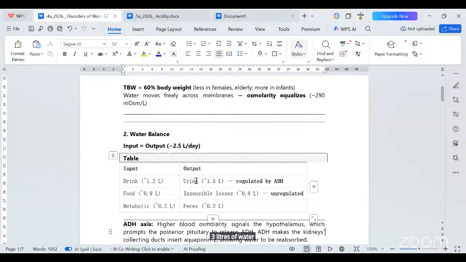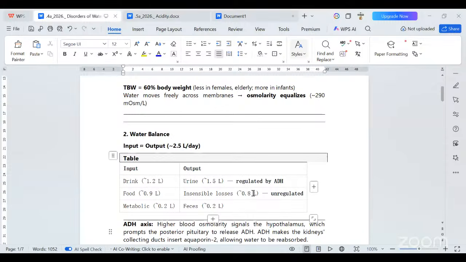Now, how do we let out water from the body? Either through urine, that's 1.5 liters, and is always regulated. ADH here stands for antidiuretic hormone. So ADH tightly regulates the water that leaves the body so that it guards against dehydration.